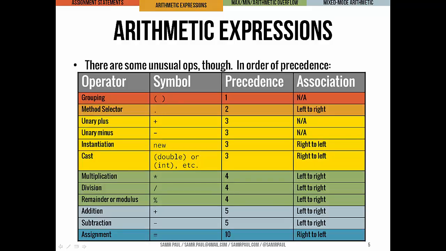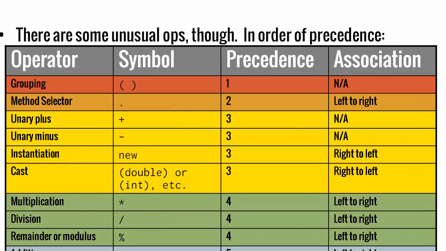Here we've got a list of the operator precedences, essentially the order of operations in Java for some key operators. We won't spend too much time on this, but note how high up grouping and methods are. That's really important. That plus sign at precedence 3, that's not the plus sign you would use in addition. That's the unary plus. So that's how we specifically state that something is positive.